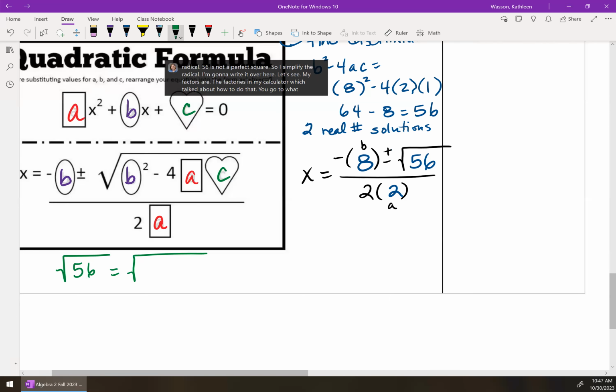You go to y equals, type the number that you want to factor and divide by x, and then look at the table. Hmm. 4 times 14. That's the only one I can see that has a perfect square. 14 is 2 times 7, so I can't break that down. But I can do square root of 4. Square root of 4 is 2. And I'll leave the 14 inside the radical.